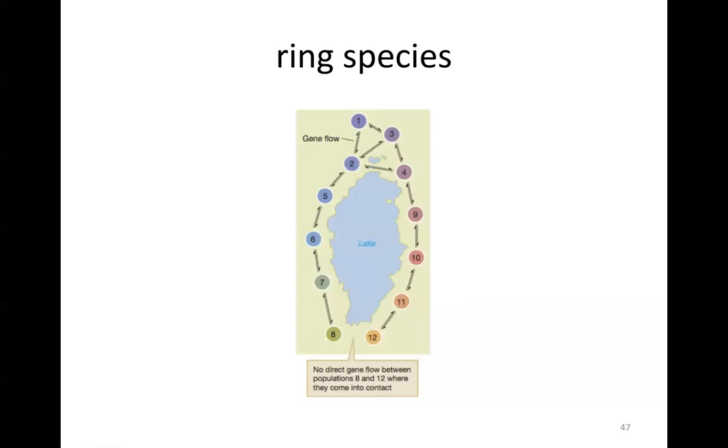Now we'll talk about another interesting case, ring species, kind of related to paraphyletic species. So ring species, this is a famous phenomenon observed in different organisms, not very frequently, but we have a couple of examples.